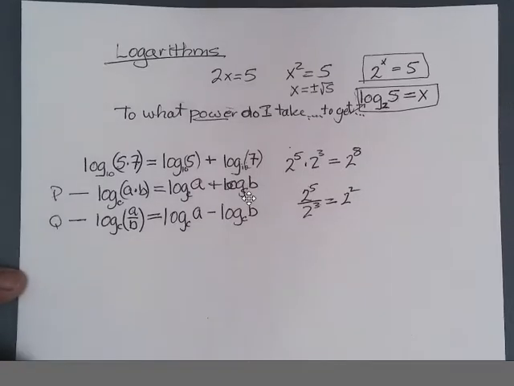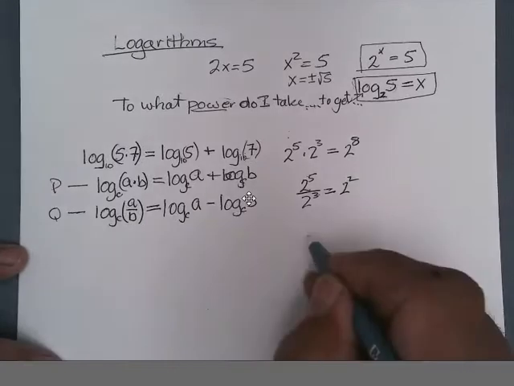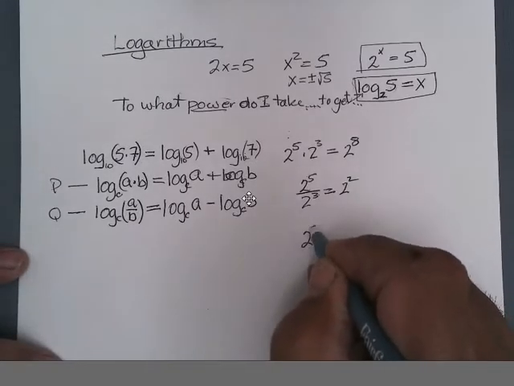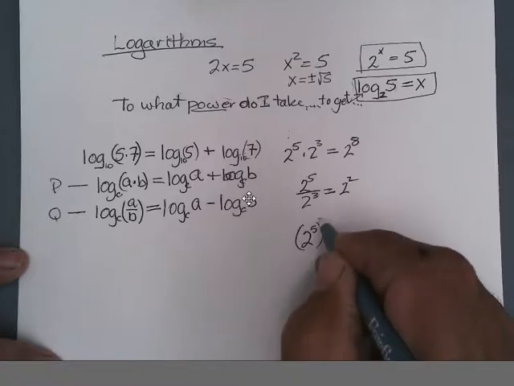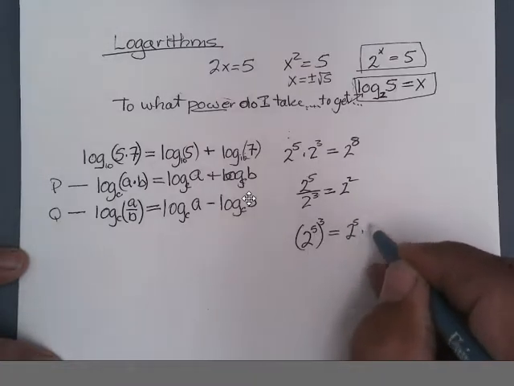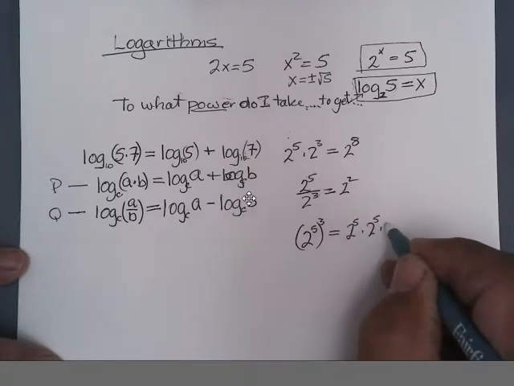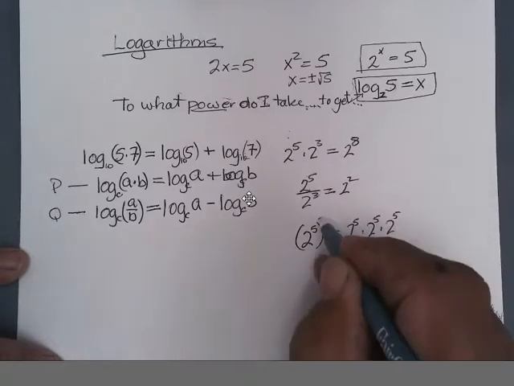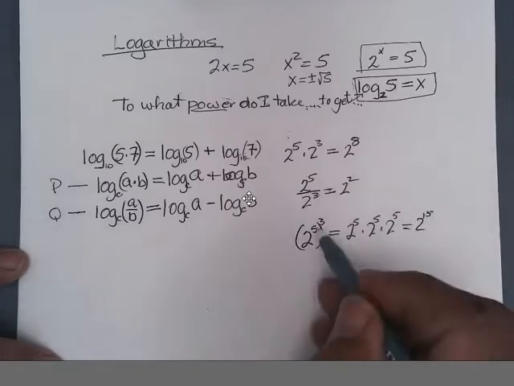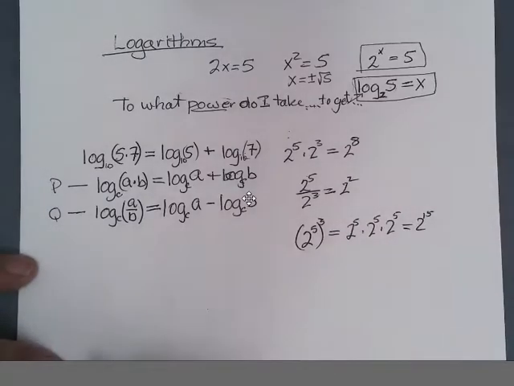and what's the power rule? What do we do when we take 2 to the 5th, let's say, to the 3rd, which of course means 2 to the 5th times 2 to the 5th times 2 to the 5th, multiplied 3 times, which is 2 to the 15th, and you can see that's just multiply the powers, so that's what you do.